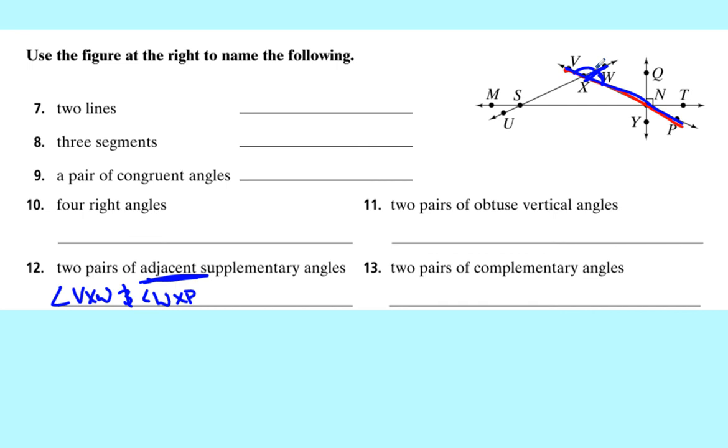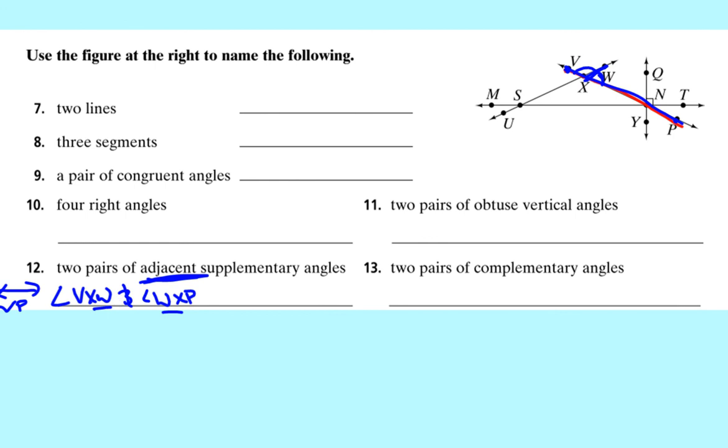To keep it simple, WX is part of both of these angles. And the only thing that's different is the V and P part. And then you think, wait, where did V and P come from? Well, that's the line we were talking about. These two angles make up line VP.